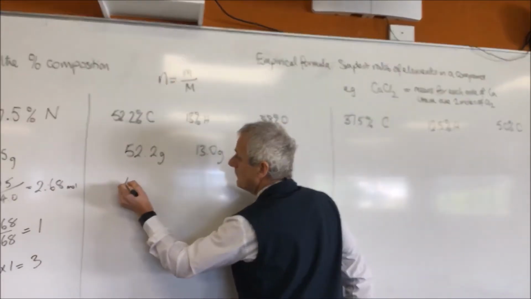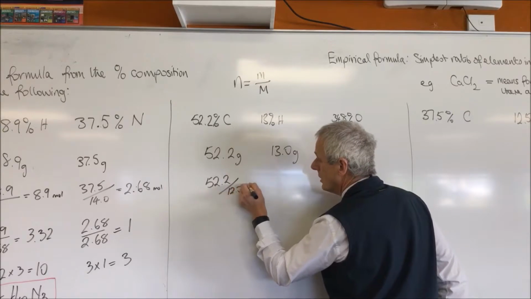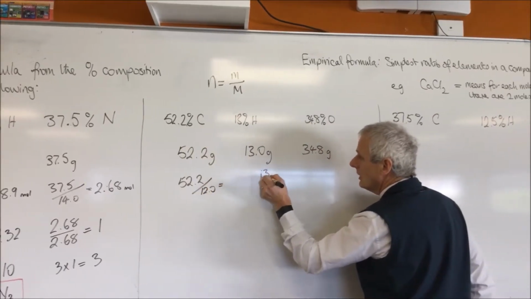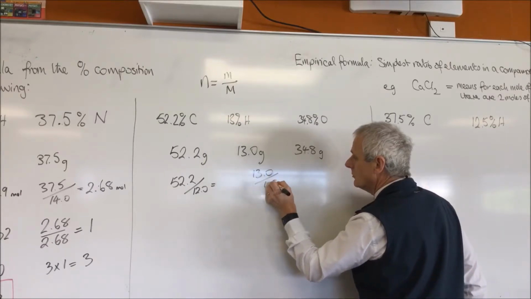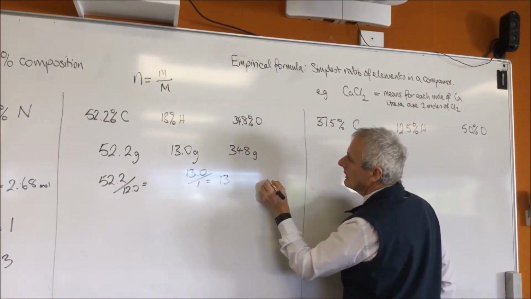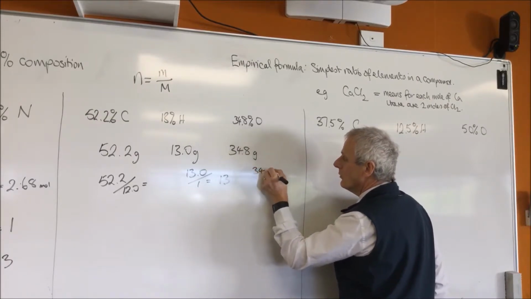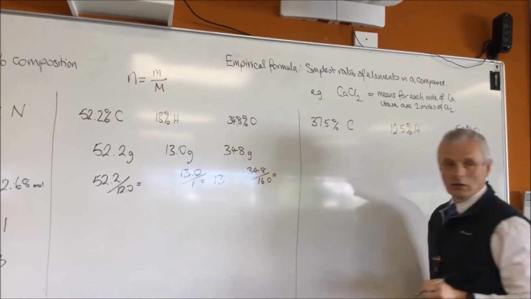So we've got 52.2 divided by 12 for carbon, 13.0 divided by 1 for hydrogen, which I can do, and 34.8 divided by 16.0 for oxygen.